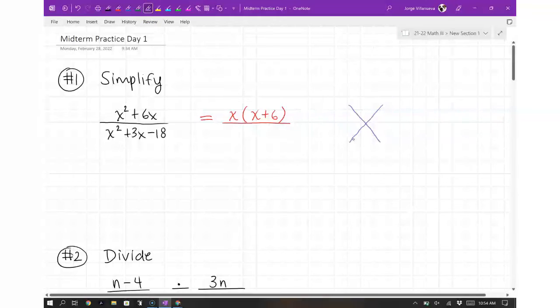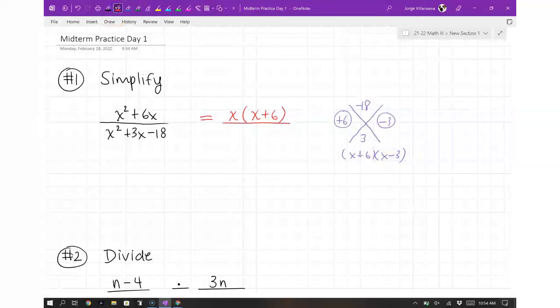So on the bottom, the x squared plus 3x minus 18, I multiply a times c, that's 1 times negative 18, that goes on top, and then your b value, which is 3, goes on the bottom. 2 numbers that multiply to negative 18 that add up to a positive 3 will be a positive 6 and a negative 3. So this factors into x plus 6, x minus 3.